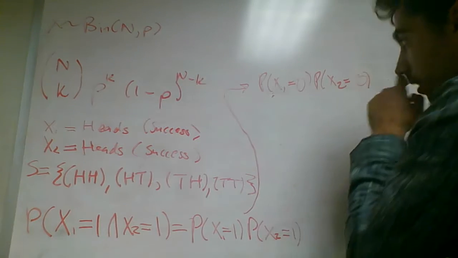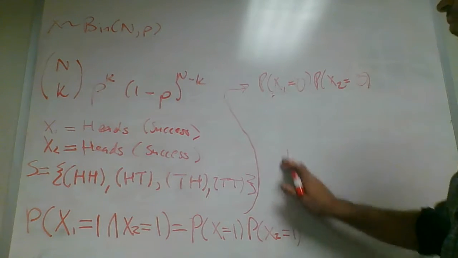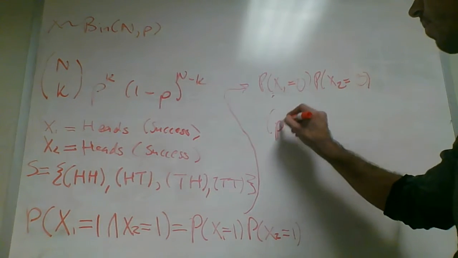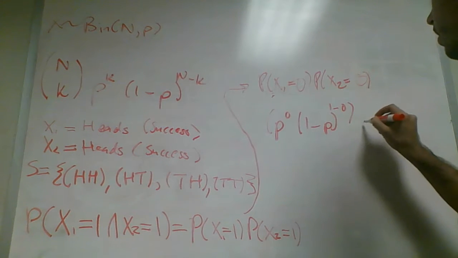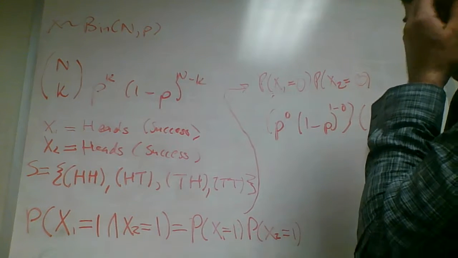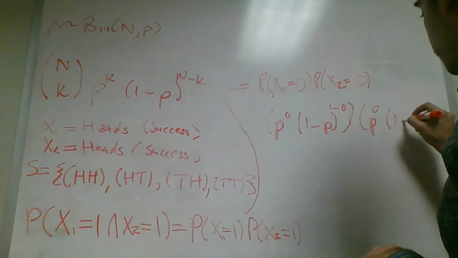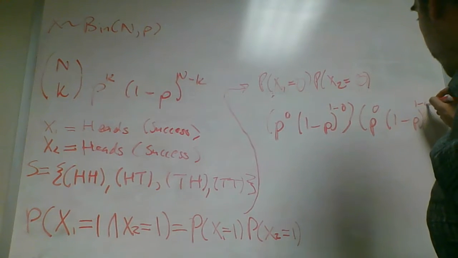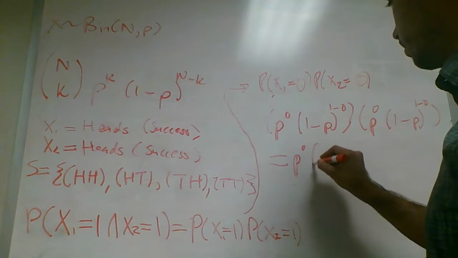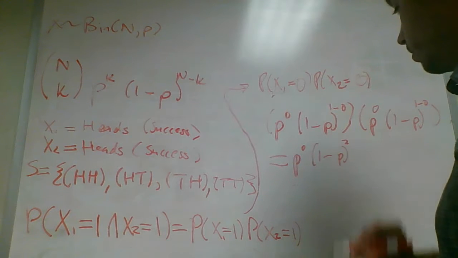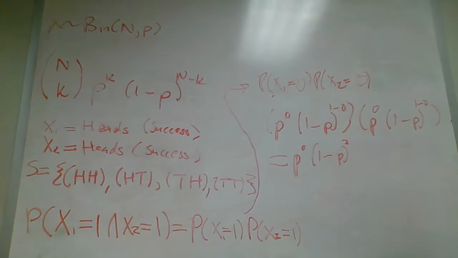And when we do that probability, it's p to the 0 times 1 minus p to the 1 minus 0 times p to the 0 times 1 minus p to the 1 minus 0. And when you do that out, it's p to the 0 times 1 minus p squared. If you look here.